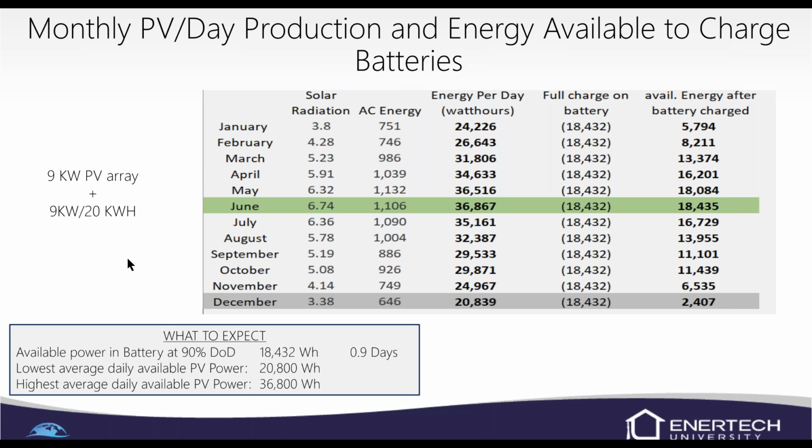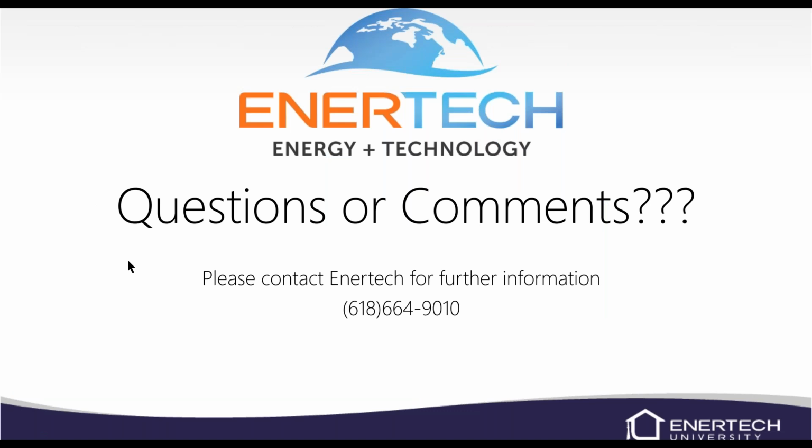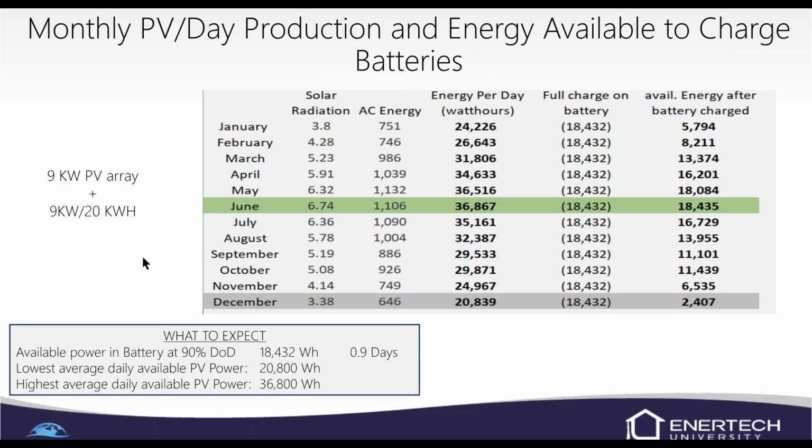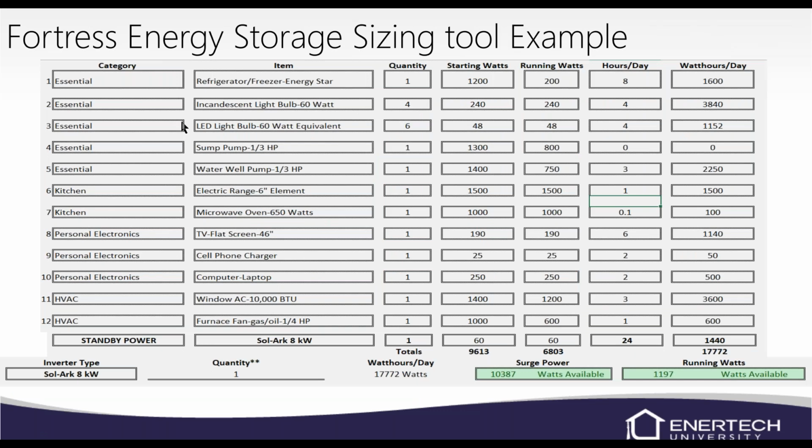This is an example here of a 9 kilowatt PV array and a 9 kilowatt, 20 kWh battery. So we need to make sure when we're designing these batteries that we get a power bill and that we figure out, again, this chart here.